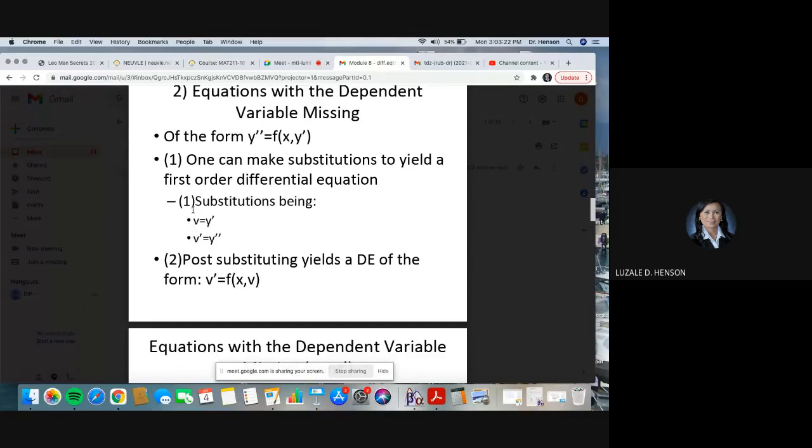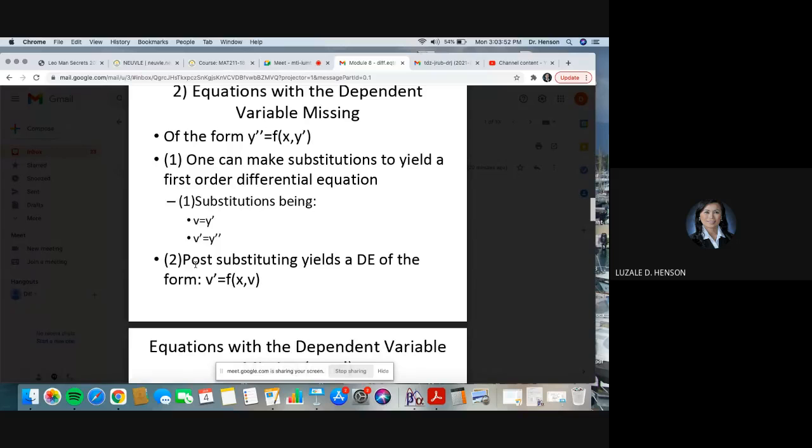I'm using v instead of p because other books use p, and to avoid confusion, because in the first order standard form we have an expression of p of x. So it may confuse you. That's why instead of using the letter p here, I'm using v, but other presentations on YouTube use p. I'm not going to use p.